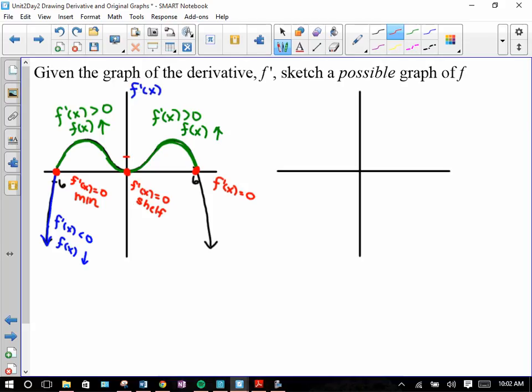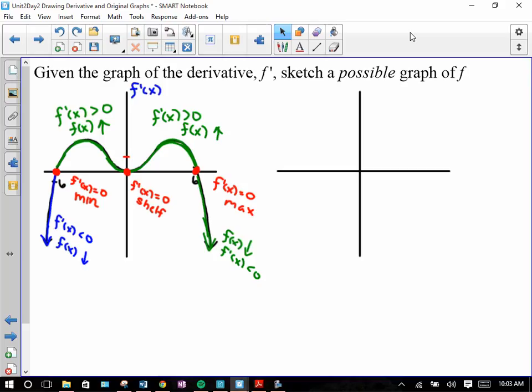So what would that tell us? Maximum or minimum? Maximum. All right. So finally, from 6 to infinity, f of x is decreasing because f prime of x is negative.